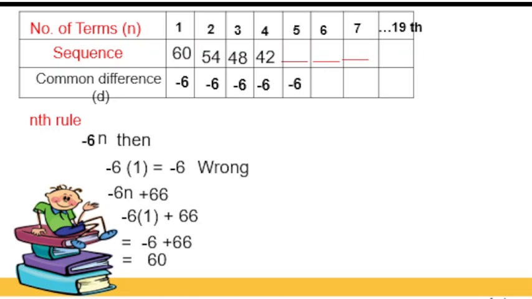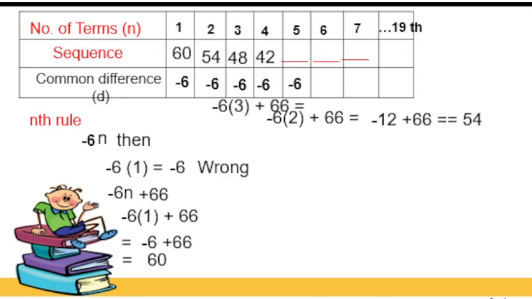Let's check for the second term if 66 is the constant number. So negative 6 times 2 is negative 12 plus 66 is equal to 54. So that is correct. How about for the third?